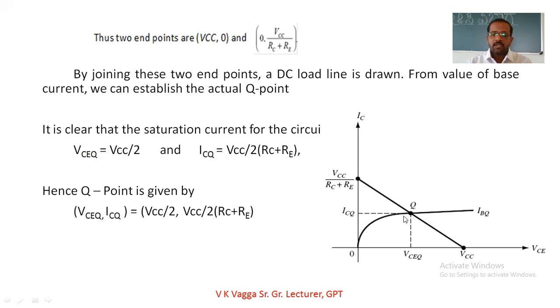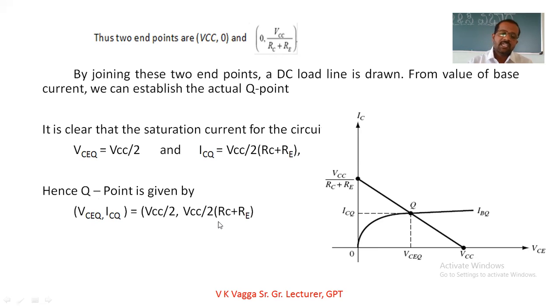In the same way, ICQ is exactly half of this IC value. So ICQ is equal to VCC divided by 2 into RC plus RE. So the point Q is VCEQ comma ICQ, equal to VCC divided by 2 comma VCC divided by 2 into RC plus RE.